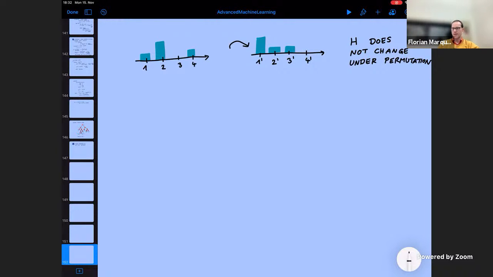So that's nice. That brings up the question, what is the closest analogy to a permutation in the continuous case? Well, I would say it's something like a bijective mapping.